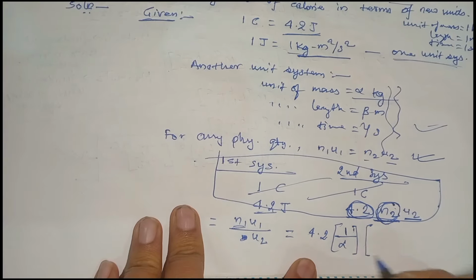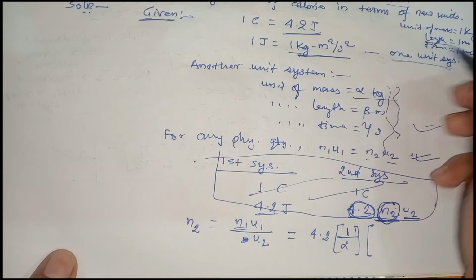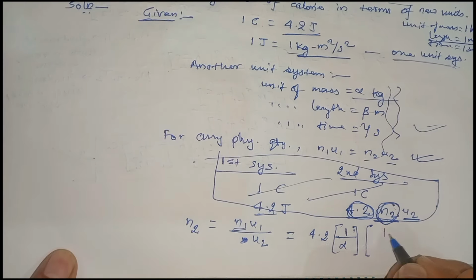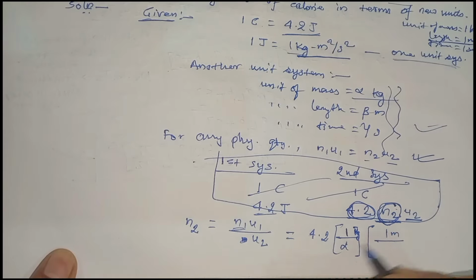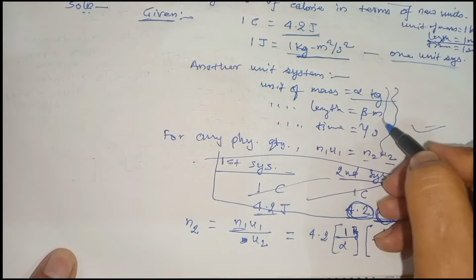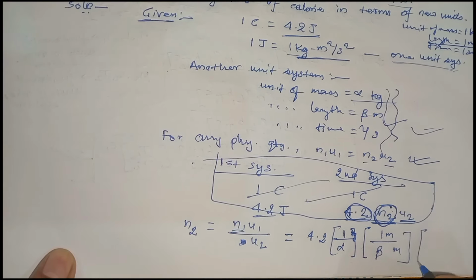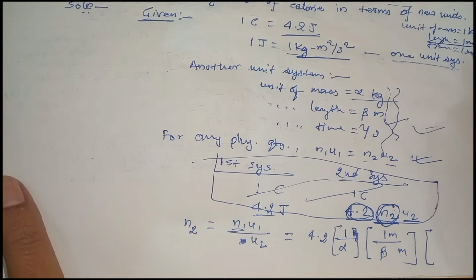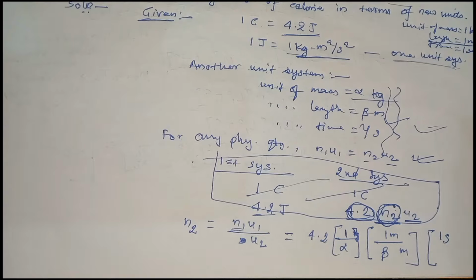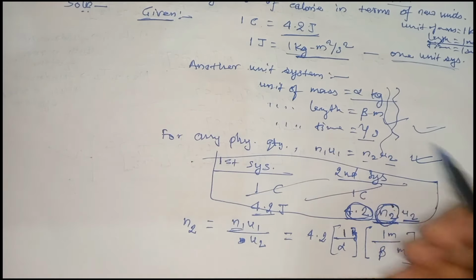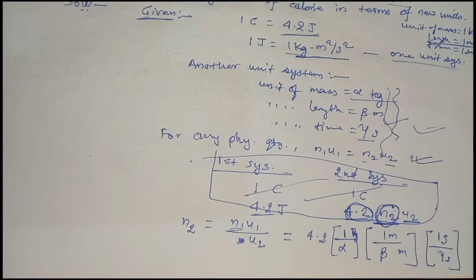And in unit system 1, the length unit is 1 meter, and the unit of length in system 2 is beta meter. It is beta. And for time it is 1 second. We are putting the units only. It is gamma second as a unit. This is gamma second.